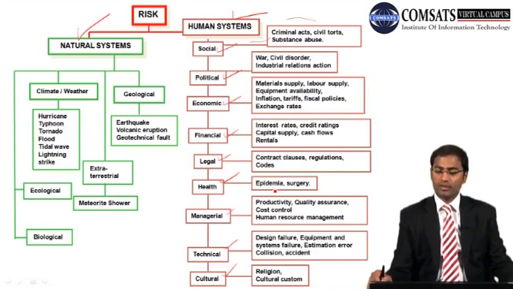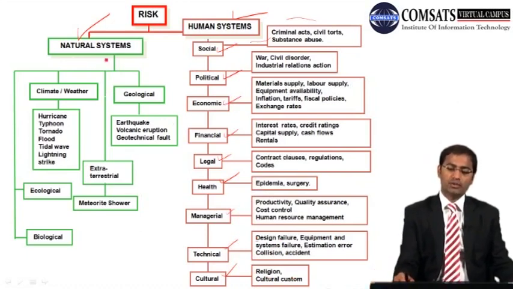And then epidemics, surgery, if the risks are related to that, we have health risks. And then productivity issues, quality assurance issues, cost controlling issues, human resource management issues, all are managerial risks. And then design failure, equipment and systems failure, estimation error, collision, accidents, all these are technical risks. And then we have religion and cultural custom, so these are cultural risks.